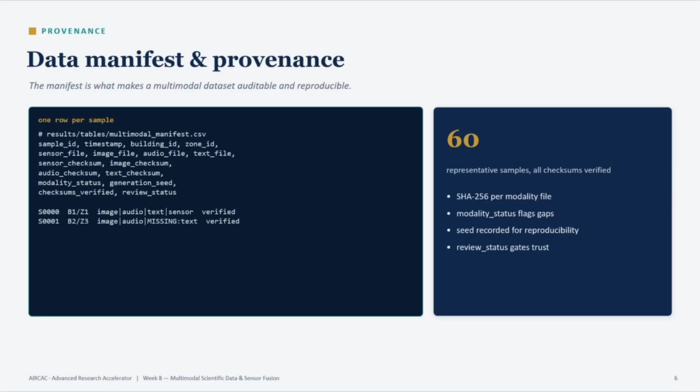Now, once the modalities are aligned, we need to know exactly where every sample came from. This is the purpose of the manifest. For every multimodal sample, we record the sample ID, the time step, the building, the zone, the corresponding sensor file, image file, audio file, text file, and the checksum.